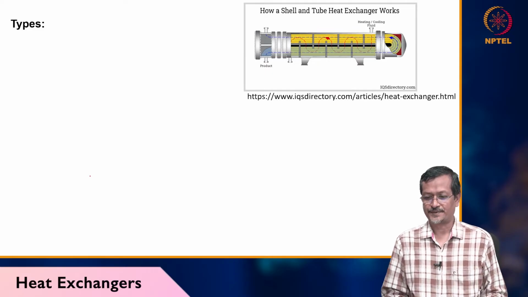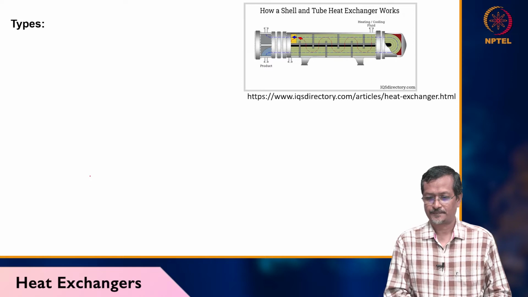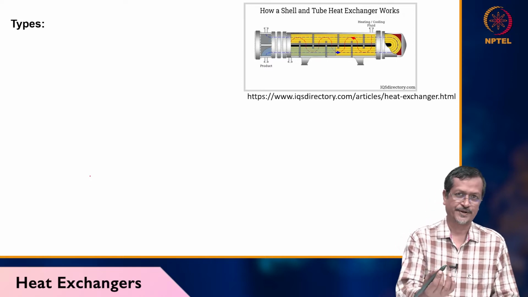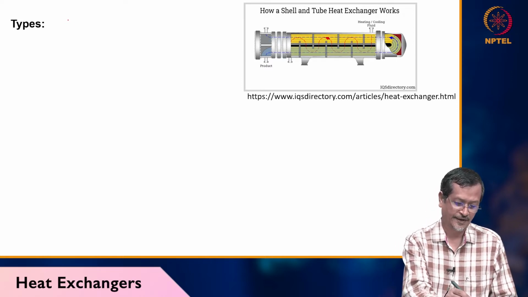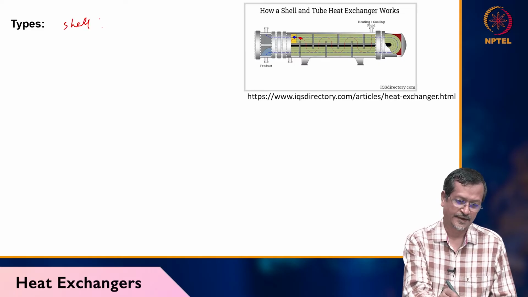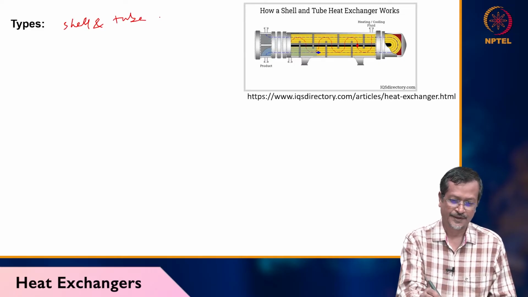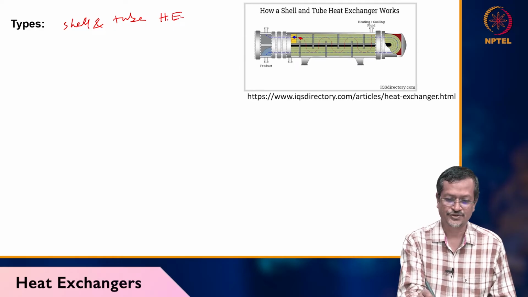So, heat exchanger types. There will be several types of heat exchanger, but the most common type is the shell and tube type. Shell and tube heat exchanger. Instead of writing the full term, I am writing HE, heat exchanger.